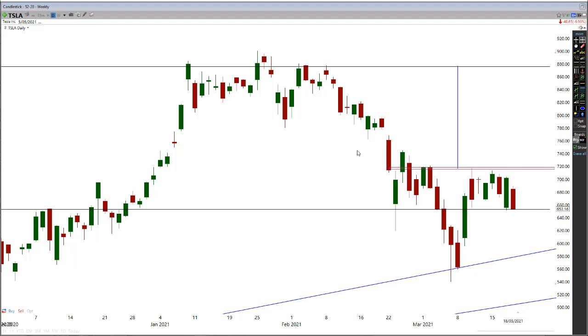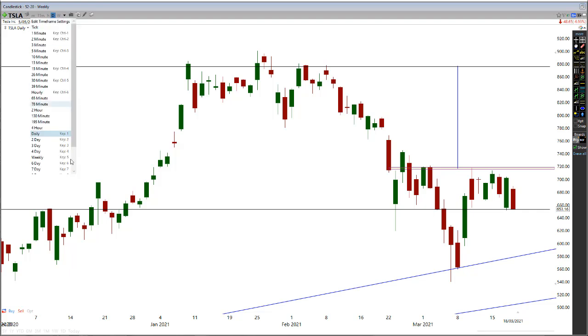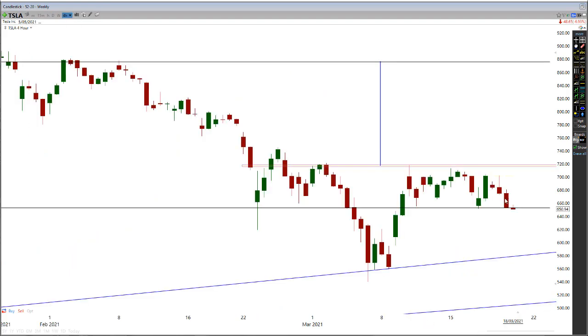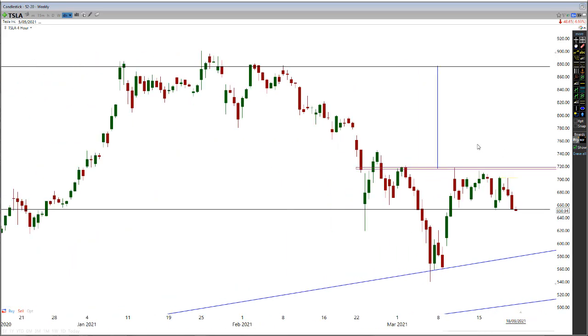I know there are a lot of people out there who love Tesla. I know Meet Kevin actually loves Tesla and he just keeps buying the dip, right? So if you are interested in Tesla, above 720 it looks like we're likely to have a nice move back up to previous highs.